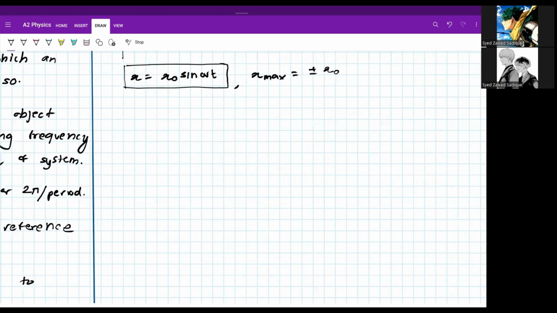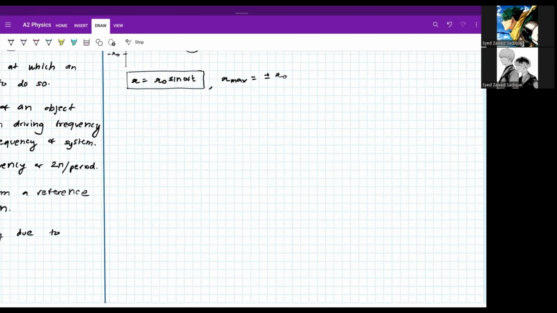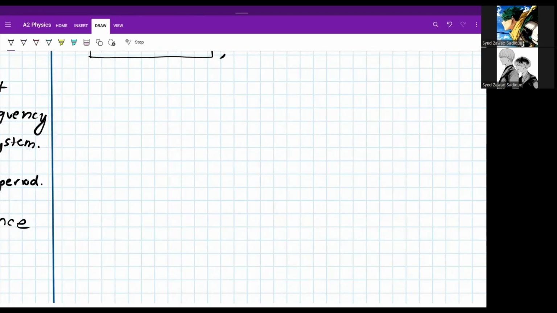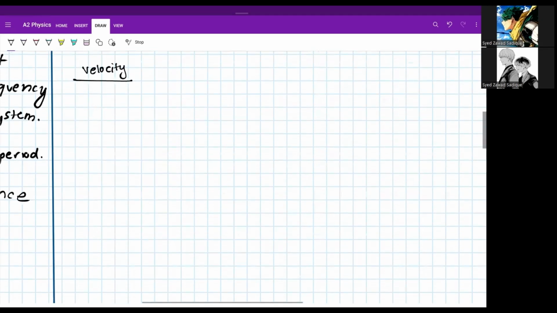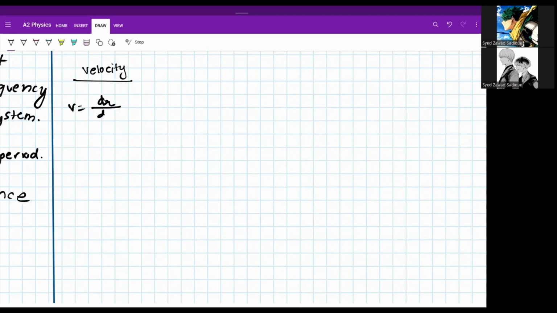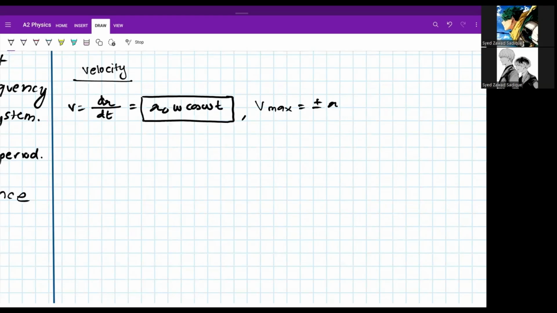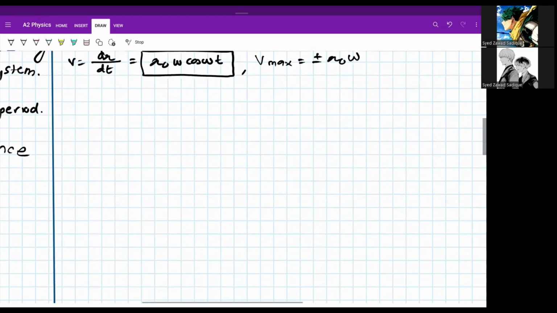Now, how do we find velocity? Velocity, v, is dx by dt, basically the differentiation of displacement, which gives us x naught omega cos omega t. V max is equal to plus or minus x naught omega.